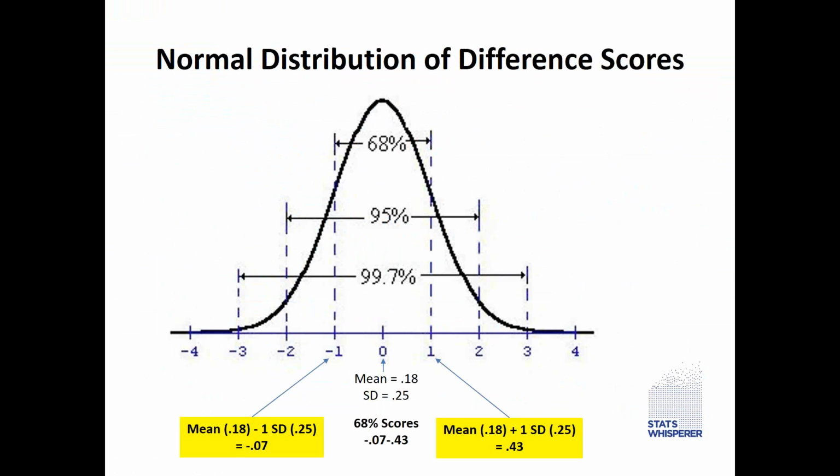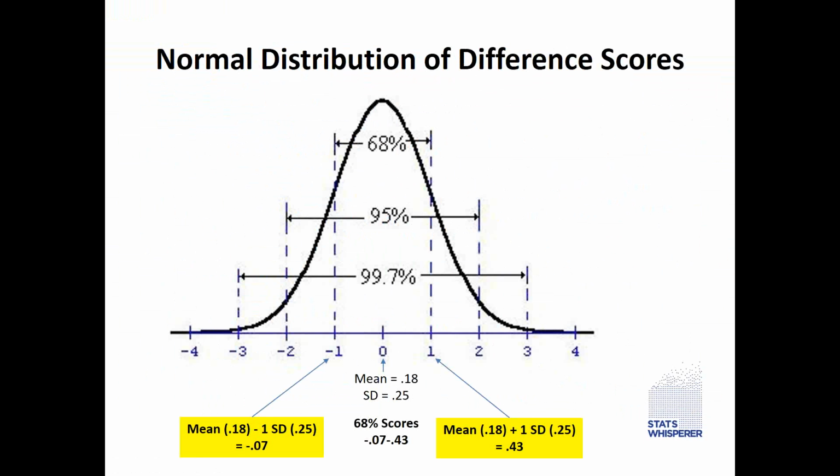So if our happiness pre and post difference scores were normally distributed, we know the mean is 0.18, we'll see that in a minute, and the standard deviation is 0.25. If we minus 0.25 from 0.18, to the left, that's one standard deviation below the mean, which is negative 0.07.